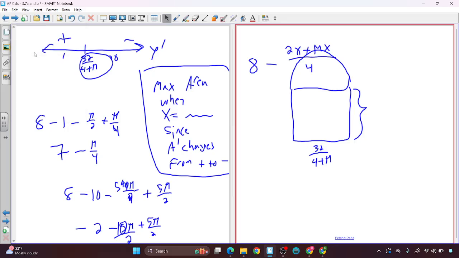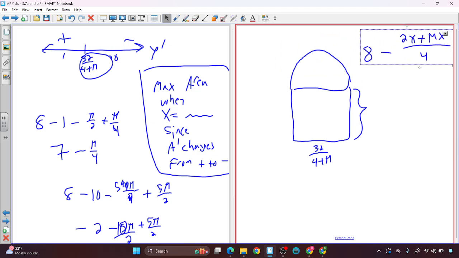There we go. That's a pi, right? Yeah. Okay, so it's going to be 8 minus 2 times 32 is 64 over 4 plus pi.